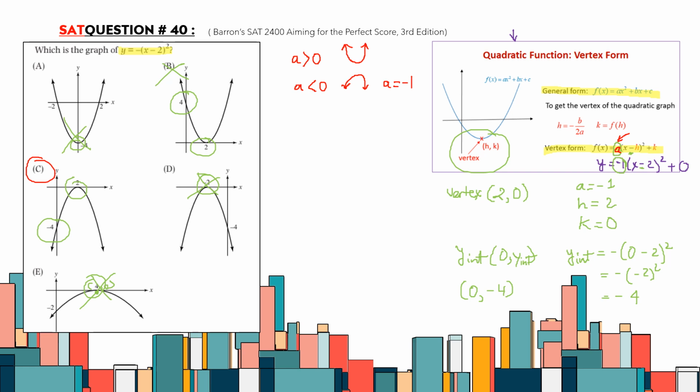And you see B faces up, so we do not choose B. By looking at the coefficient a, I can eliminate A since it faces up, and eliminate B since it faces up, right? Then I will use the vertex, and I see that I can eliminate E because it's not the right vertex. This one, because a here is greater than 0, but we have a negative a.